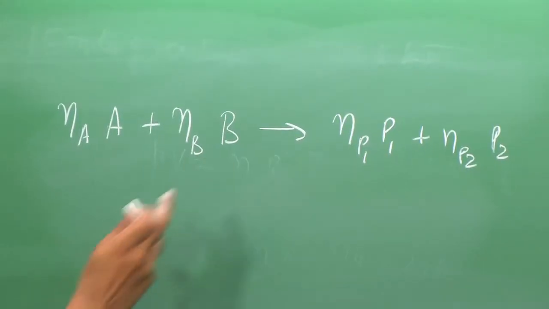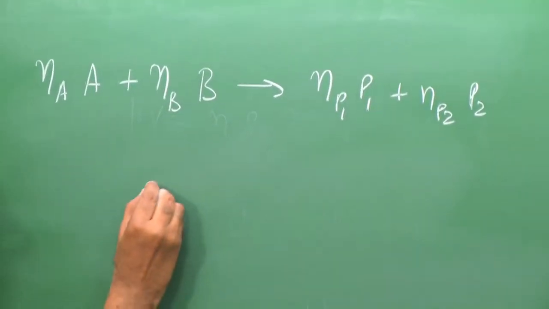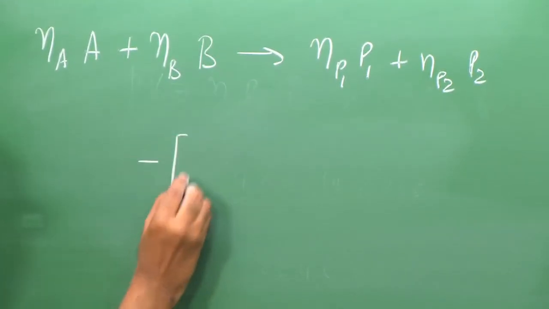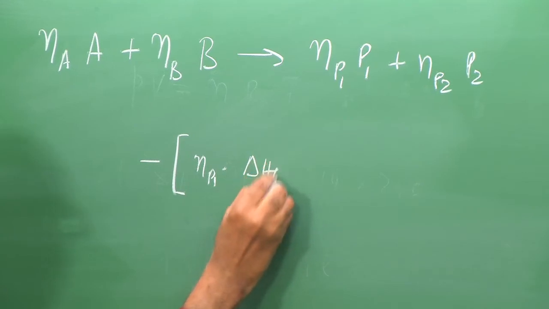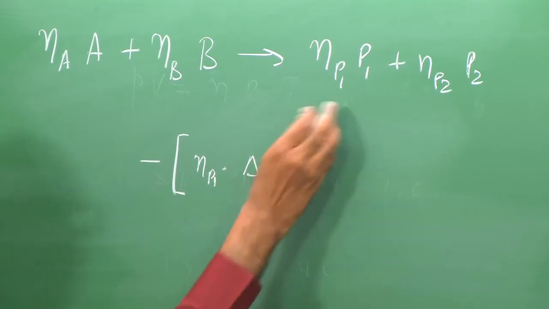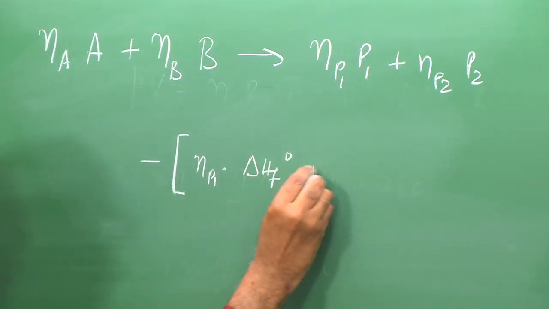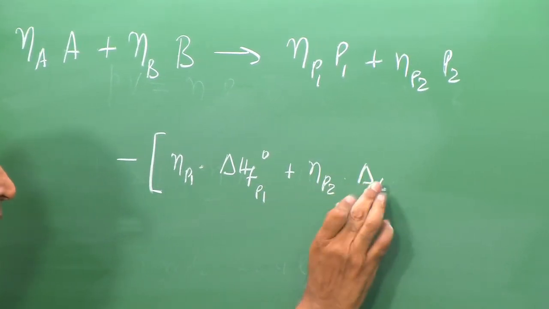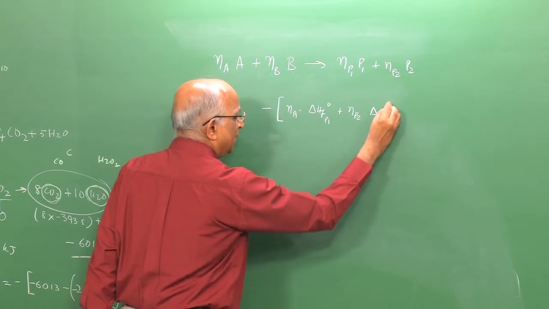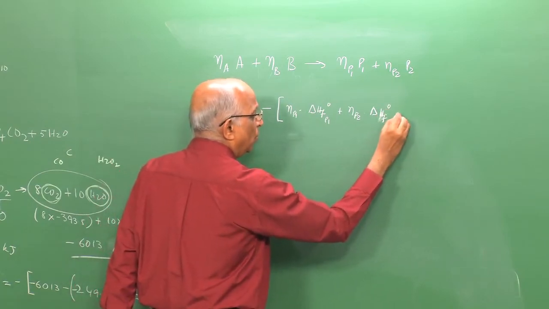The energy release from this is equal to minus of NP1 into the heat of formation at the standard condition for P1, plus NP2 into the heat of formation at the standard condition for P2, plus so on.